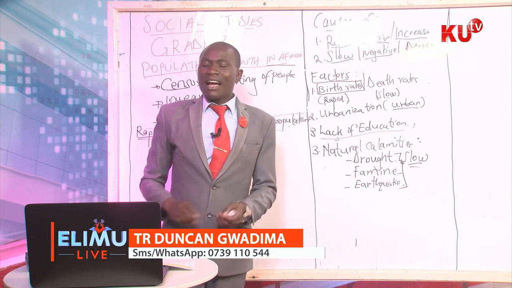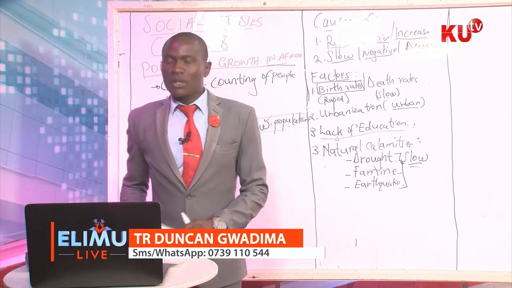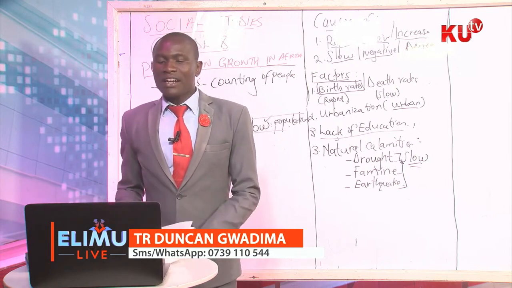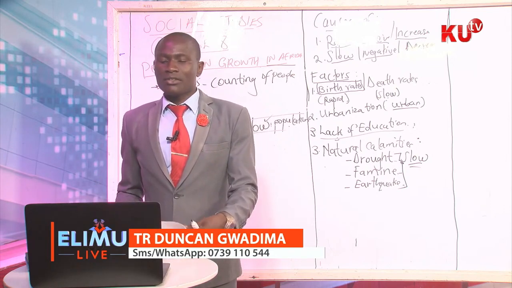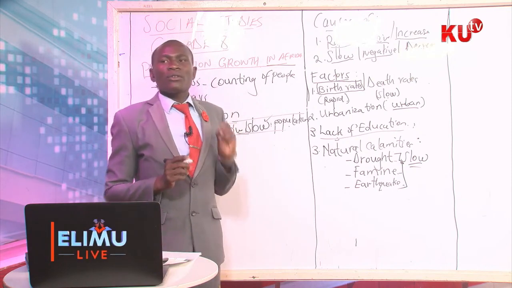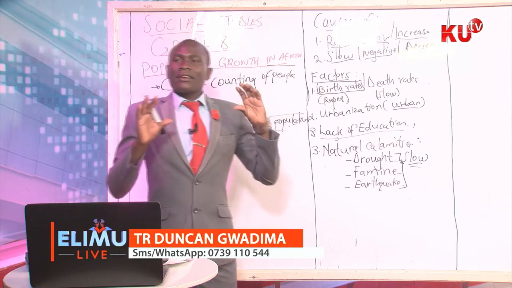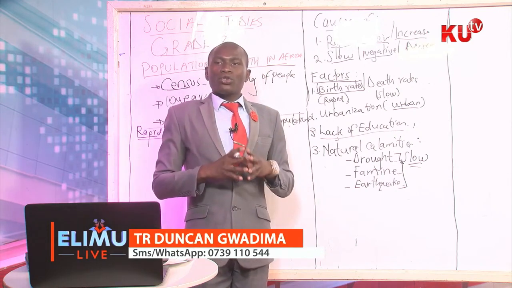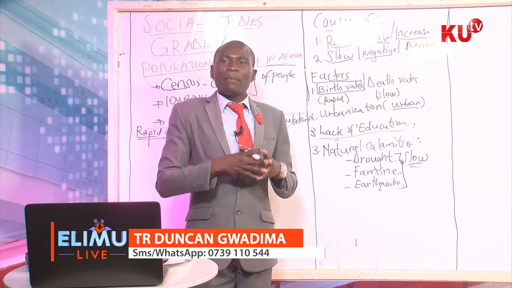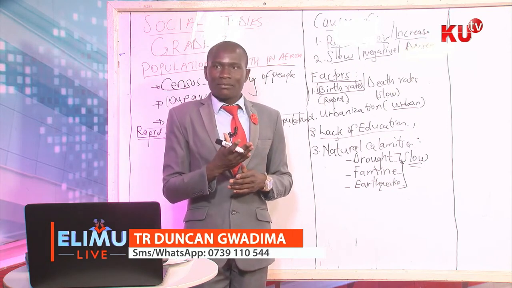We are going to look at other factors that lead to rapid population growth on your screen, some of the factors that lead to slow and rapid population growth. When we are talking about population growth, let learners understand that there are things that will make people move to a given place, making the population of that place increase.